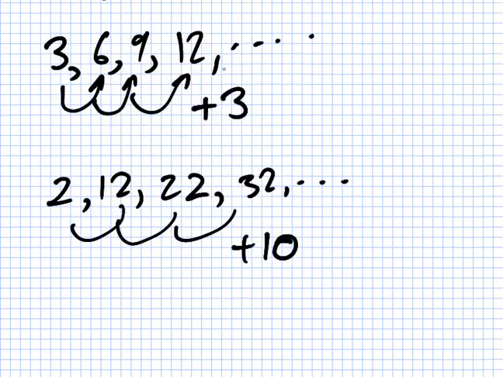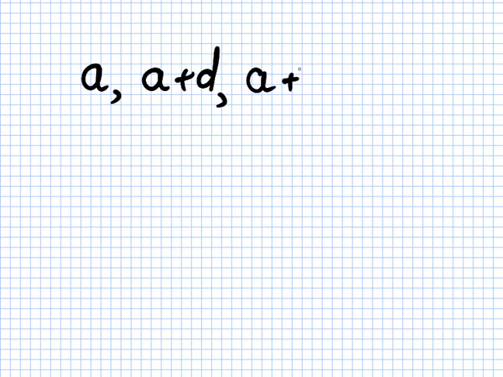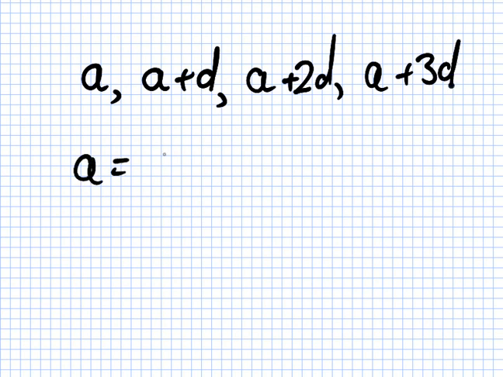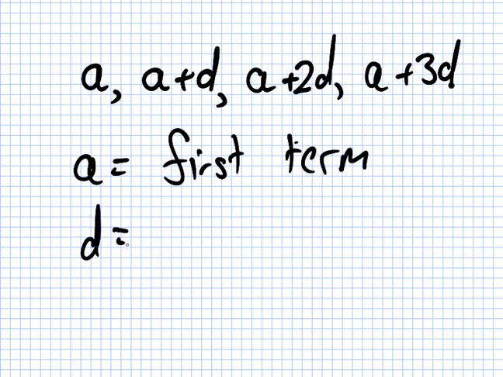So for example, what we say is, we call the first term A. So we call the second term A plus some number D. And then the next one we call A plus the number again, so A plus 2D. A plus 3D. So here A is the first term, and D is what you add.